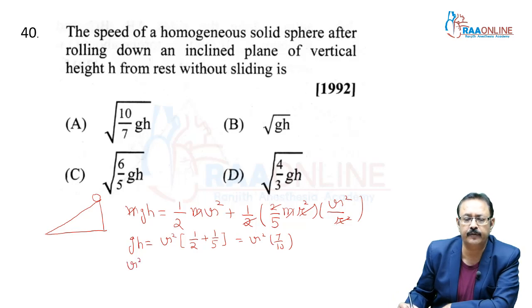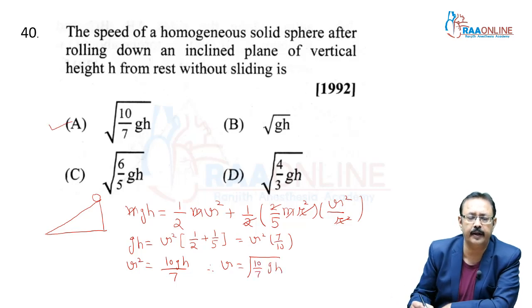So v square is equal to 10 gh by 7. Therefore, v should be root of 10 by 7 gh. So we are going with option A.